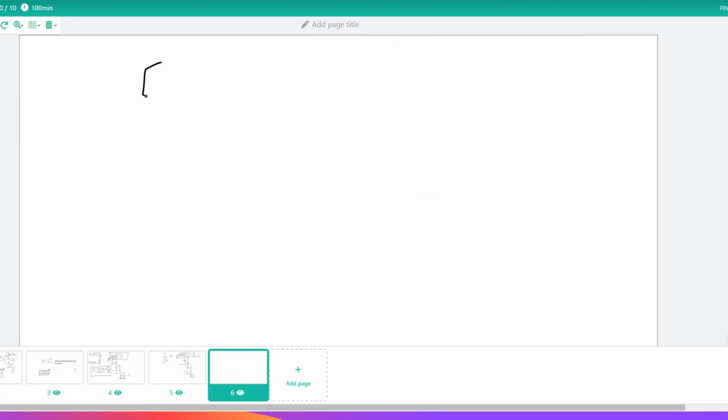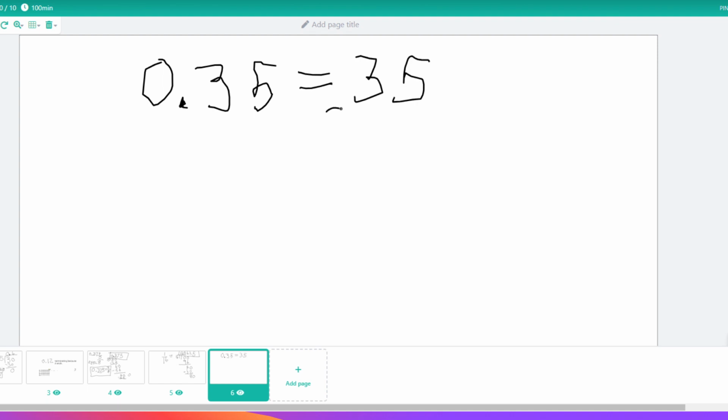So let's look at that, and we want to turn this into a fraction for whatever reason. So we're going to say, okay, I know this is the tenths place, I know this is the hundredths place, so I'm going to put this over 100. And then I'm going to start reducing.